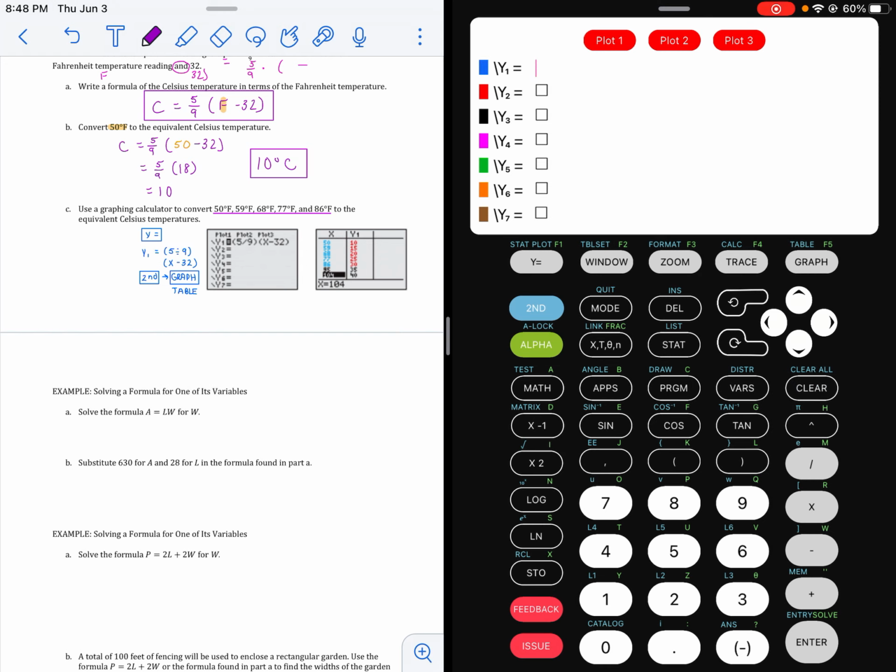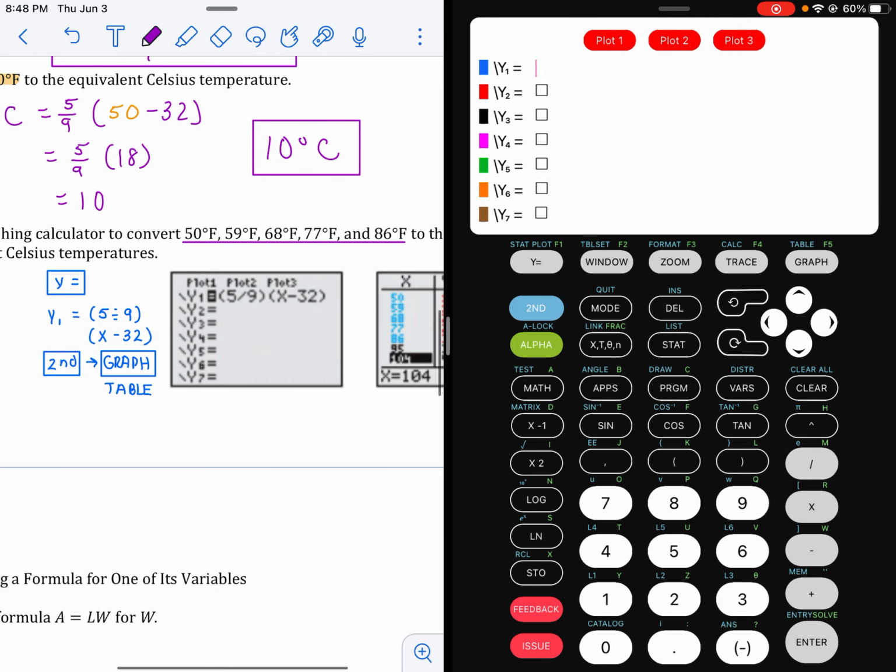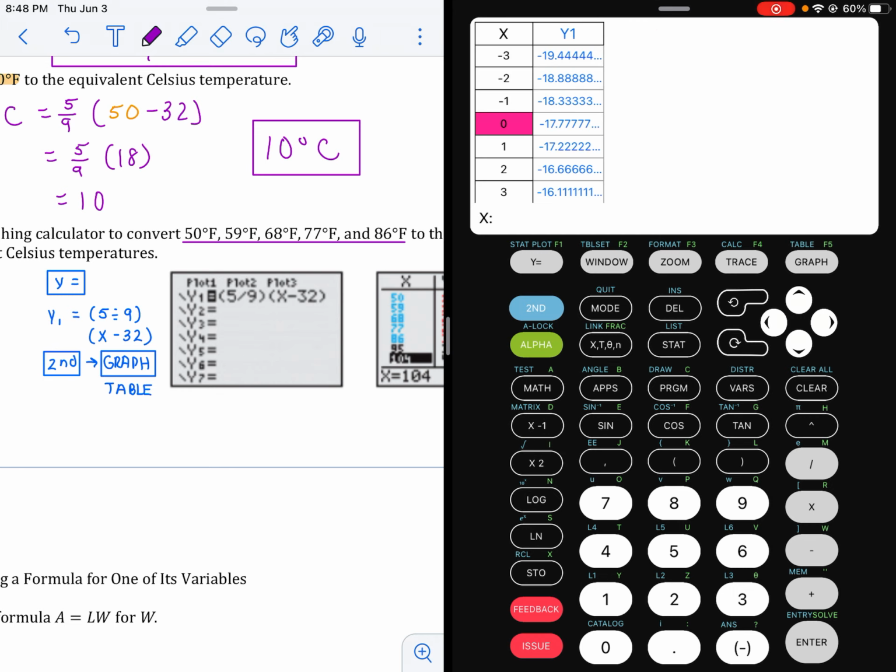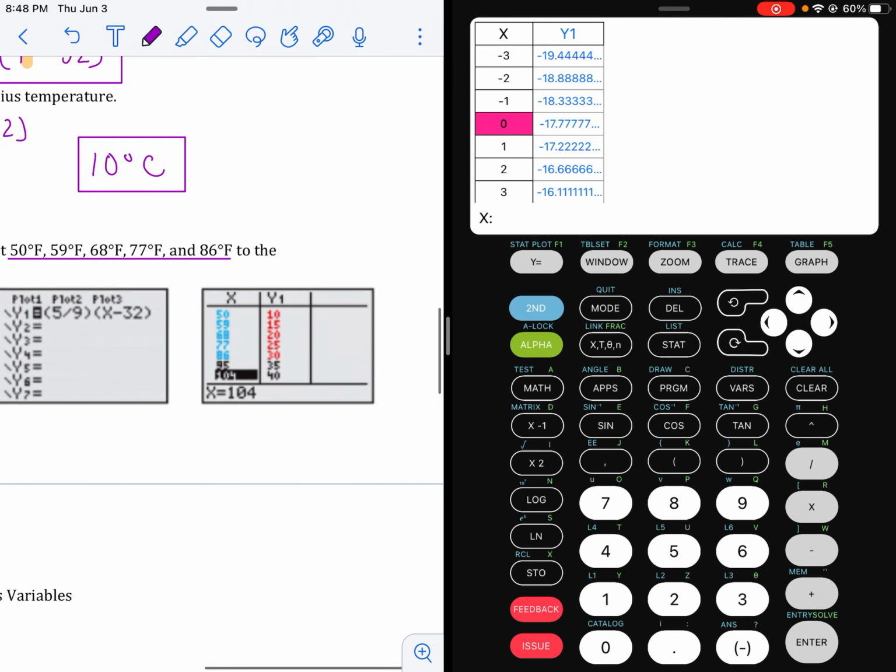We're going to clear out anything that's there. And we're going to let y actually be the C and then x be F. So we're going to type in 5 divided by 9 and then parenthesis x minus 32, where again x is actually F and y is our C. Then we're going to click second and table to get over to it.